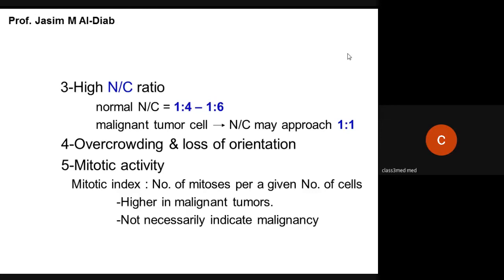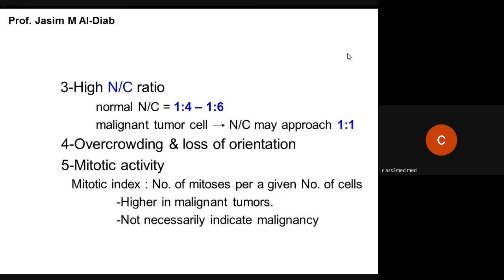For the same leiomyosarcoma in the stomach, you need 5 mitotic figures per 50 high power fields. So each tumor has its own mitotic index in order to be diagnosed as a malignant tumor.